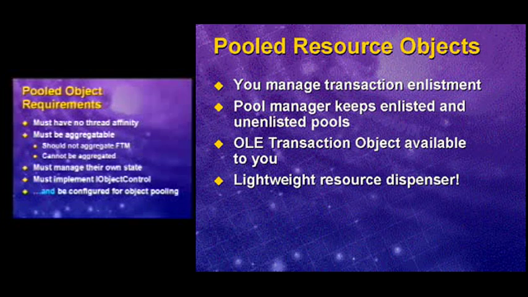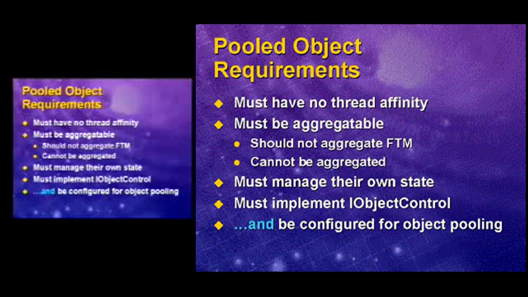Now there's also some more requirements for pooled objects, of course, because this isn't going to be easy. This is the opposite of what Hugh Teagan was talking about yesterday when he talked about sharing, carrying, a place to put your components. This is you write it yourself and you manage it yourself. Pooled resource objects can't possibly have any thread affinity because I might be used one time on one thread and one time on the next thread.